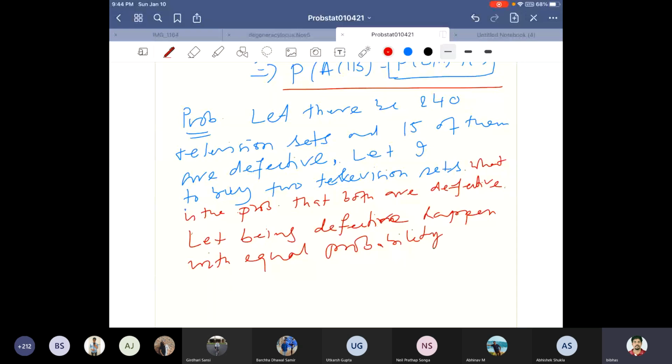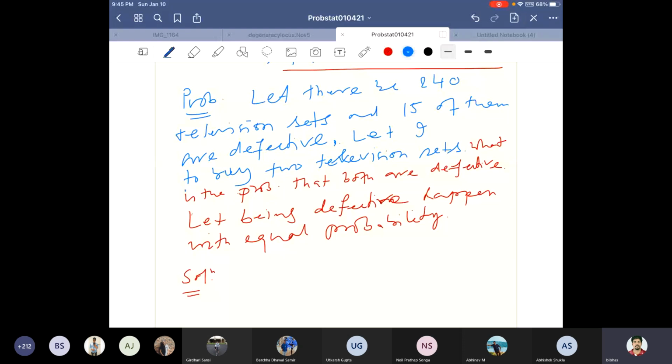Then what is the probability, so you want to buy two television sets. Once you buy one, what is the probability that it is defective? You have 240 television sets, 15 of them are defective.